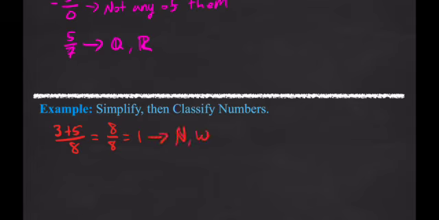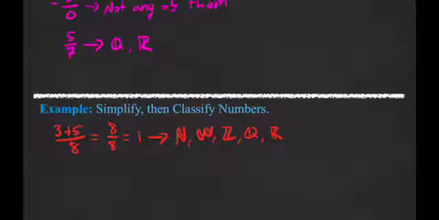It's a whole number. It's an integer. All integers are rational numbers, and it's also a real number. So if it says simplify, then classify, or if you have any number given to you, always simplify it first.